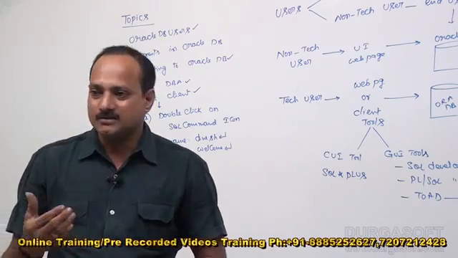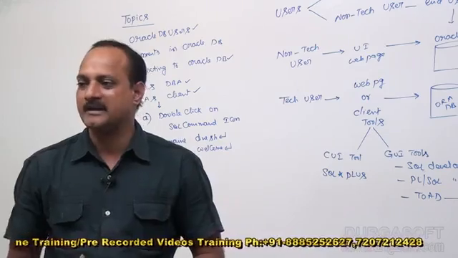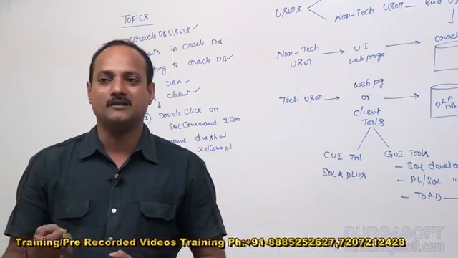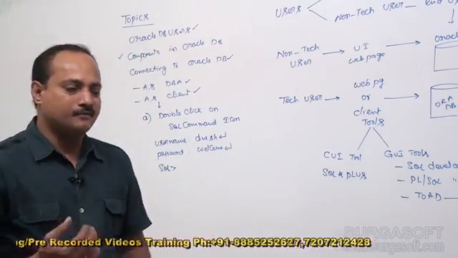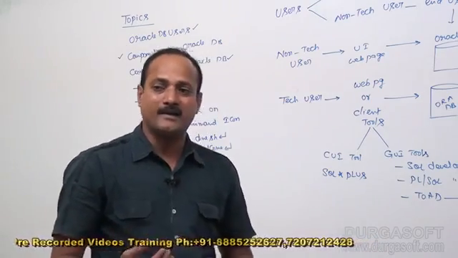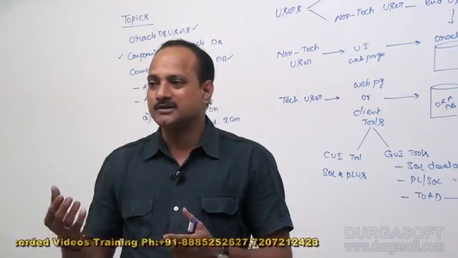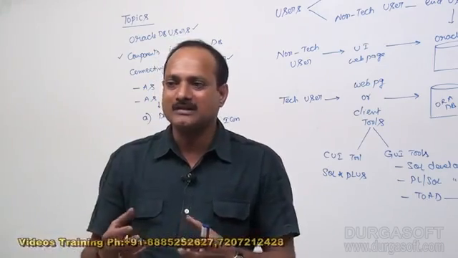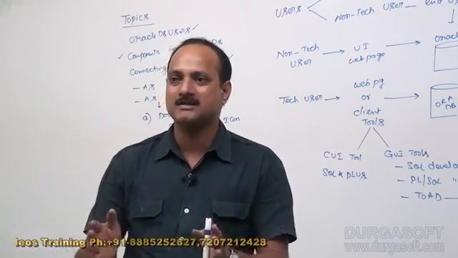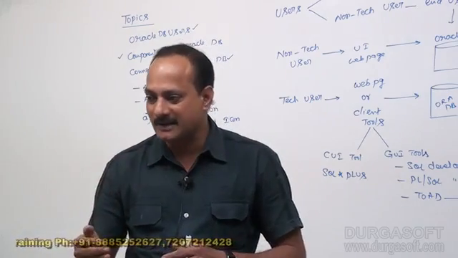Next, according to client requirement or business document specifications, you have to develop Oracle objects. Maybe it is a procedure, function, trigger, package, or you have to create a table, implement constraints, and implement relations.